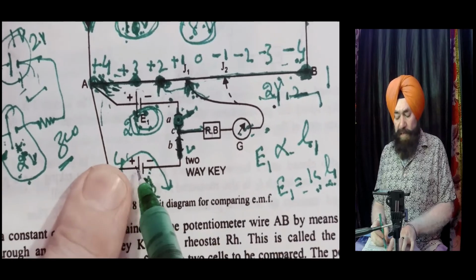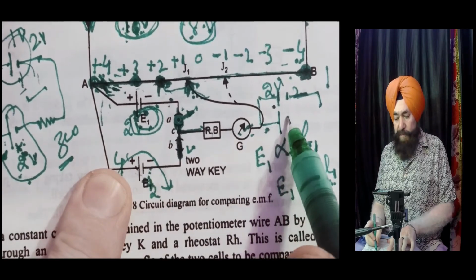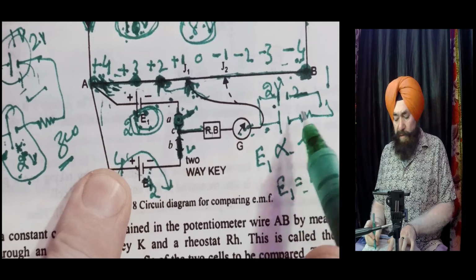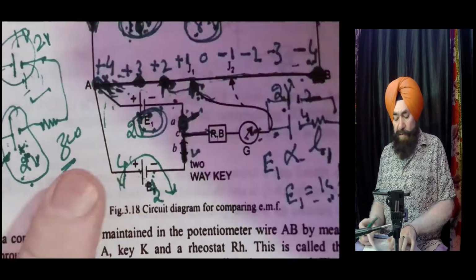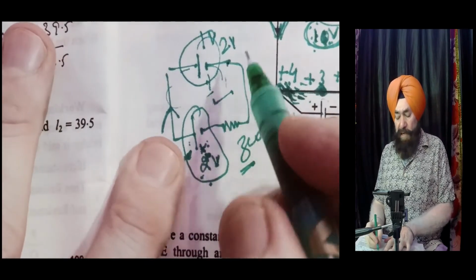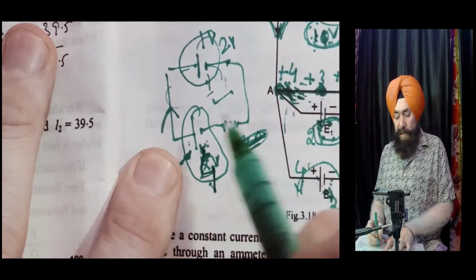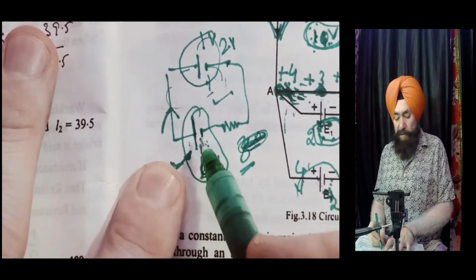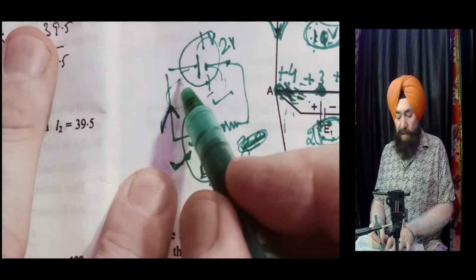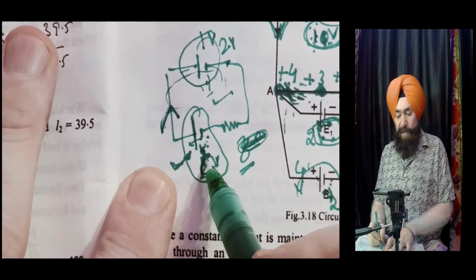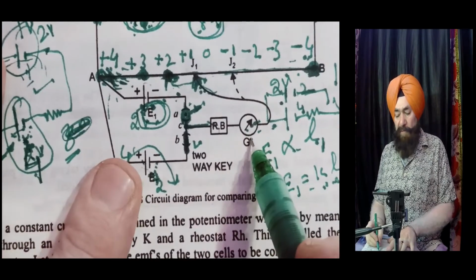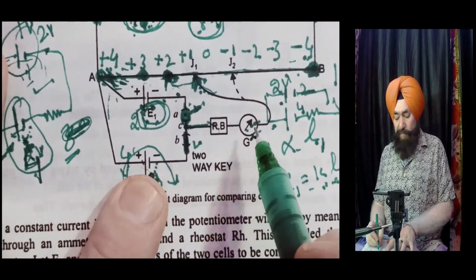And what is this voltage? 4 volt. So if you have 2 volt here and 4 volt here, then the current will flow according to this cell. Current will flow like this because 4 is bigger. So the galvanometer will show a deflection.